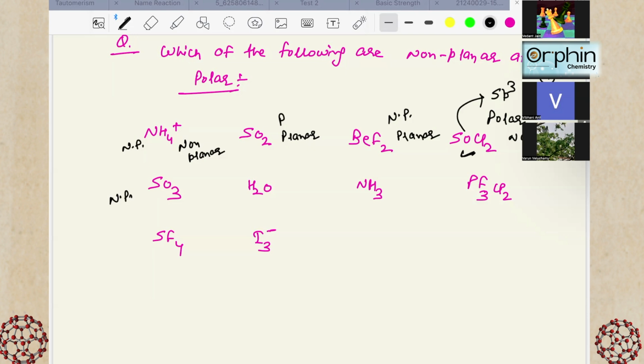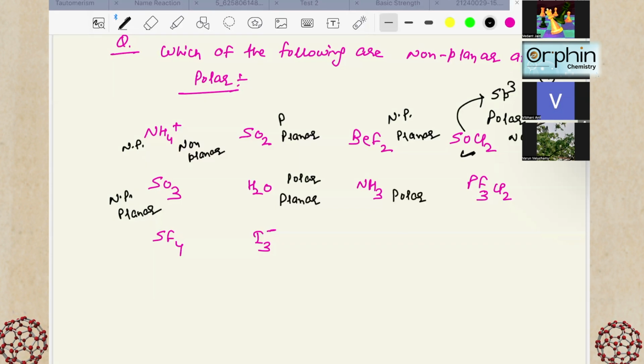All the atoms are in one plane because it is trigonal planar, right? So it is again not our answer. H2O is planar, so it is not our answer. It is polar. NS3 is pyramidal, yes. So yes, it is polar. Yes, it is non-planar also. So correct, it is our answer.